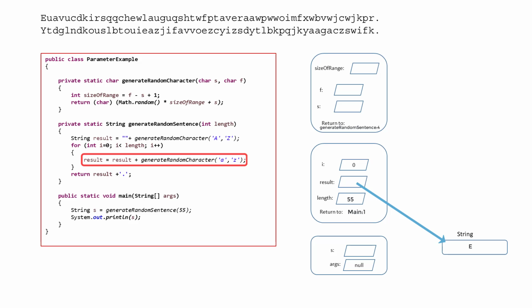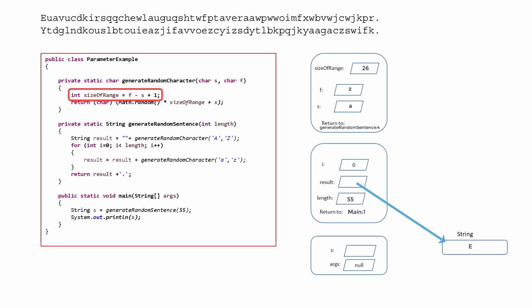It's going to have a lowercase a for S and a lowercase z for F, and it's going to have space for size of range.